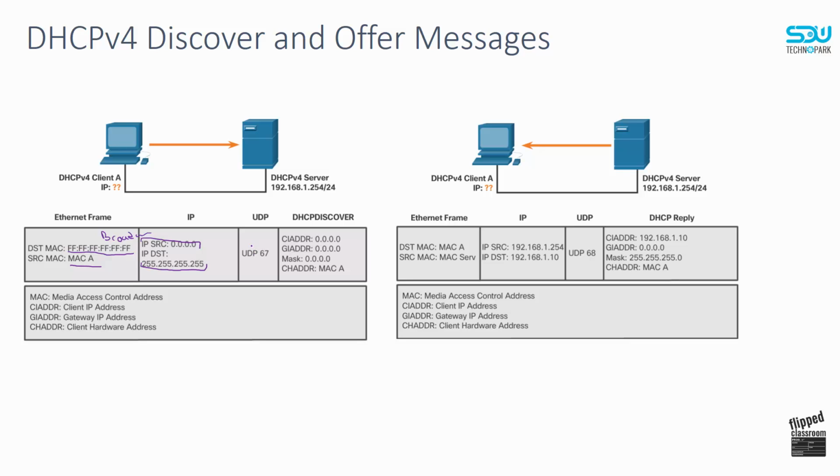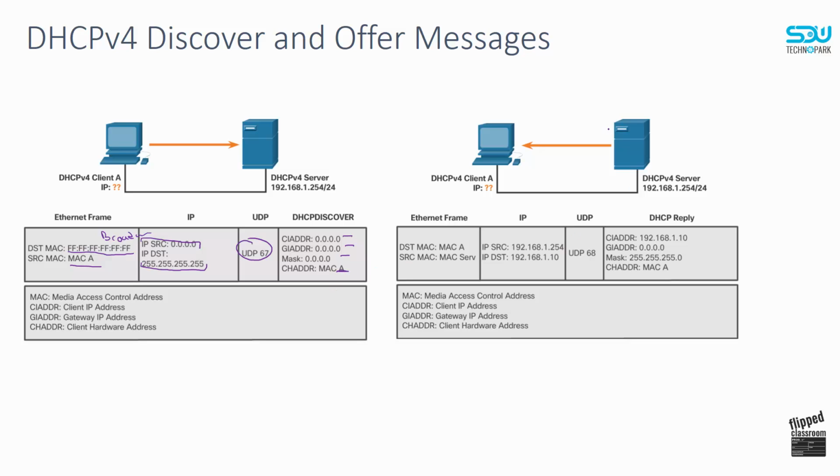Well, we have the UDP port number 67, and client IP address 0, we don't have an IP address, gateway IP address, subnet mask, and our client hardware MAC address is the MAC address of computer A.